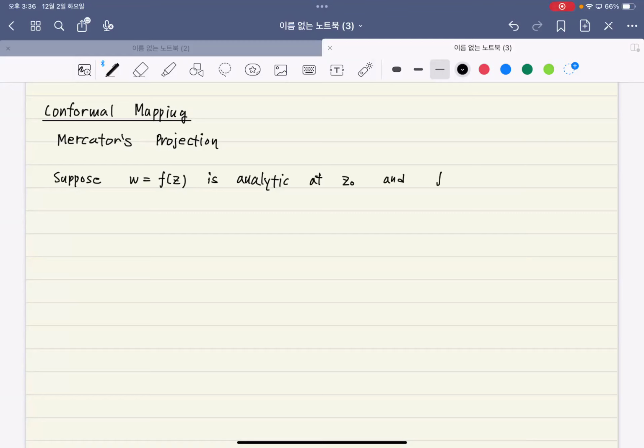And more importantly, we assume that the derivative at this point is non-zero.